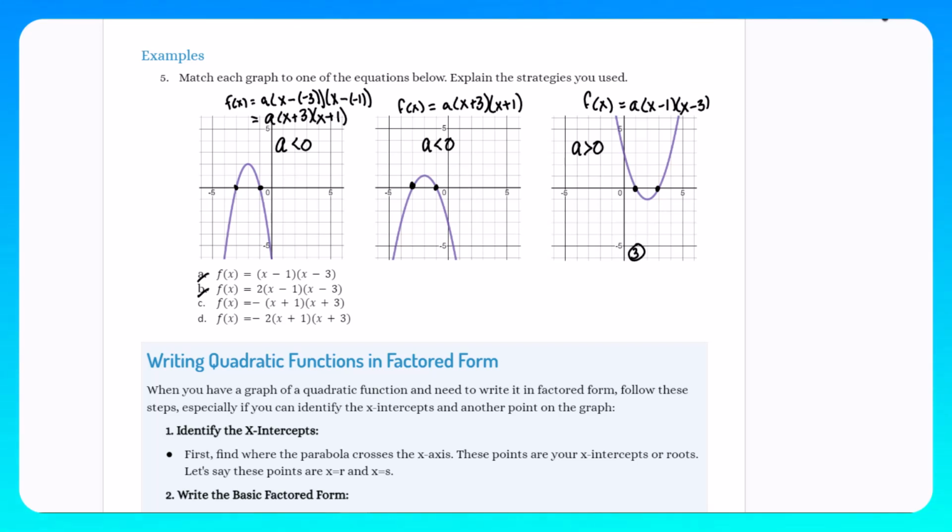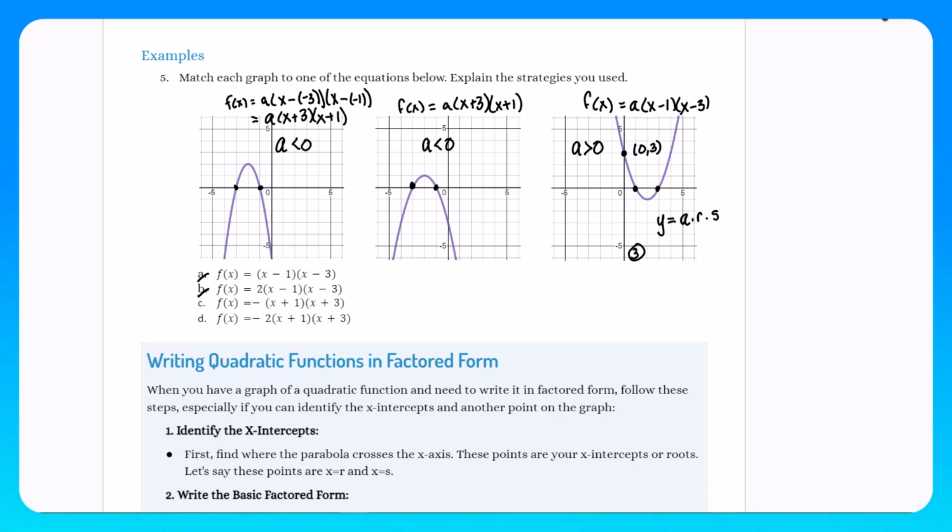We can go ahead and solve for a if we want, but one other point that might be useful is the y-intercept. The y-intercept here is 0 and 3. And we learned that if we wanted to find the y-coordinate, we can multiply a times r times s to get that one right there.